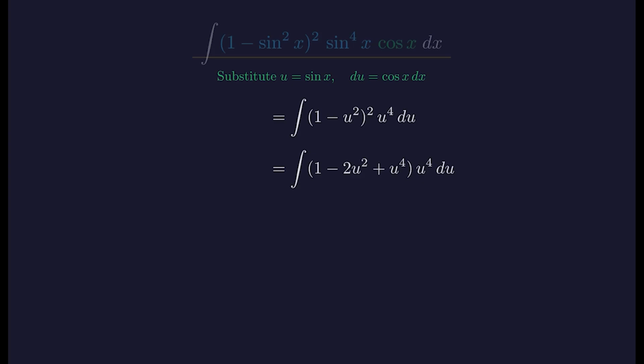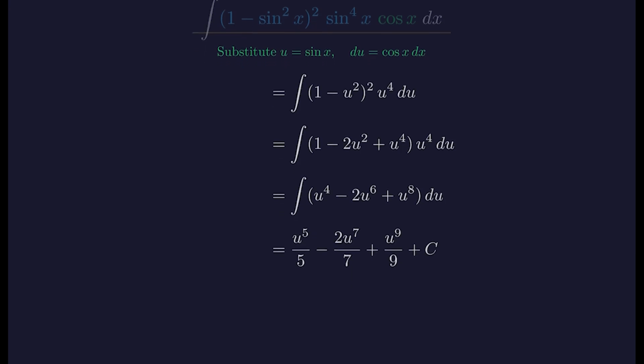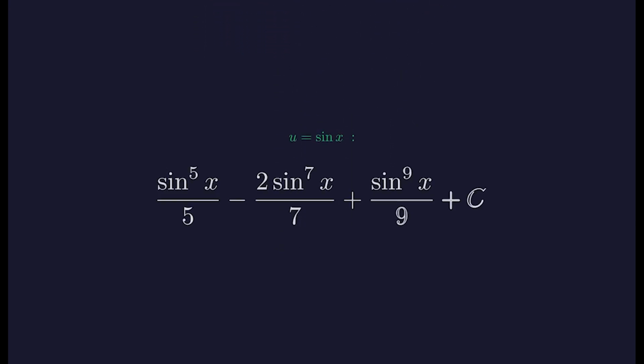If we expand again, that gives us u to the power 5 over 5 minus 2u to the power 7 over 7 plus u to the power 9 over 9 plus c. In total, this gives us an answer of sine to the power 5x over 5 minus 2 sine to the power 7x over 7 plus sine to the power 9x over 9 plus c as your final answer.